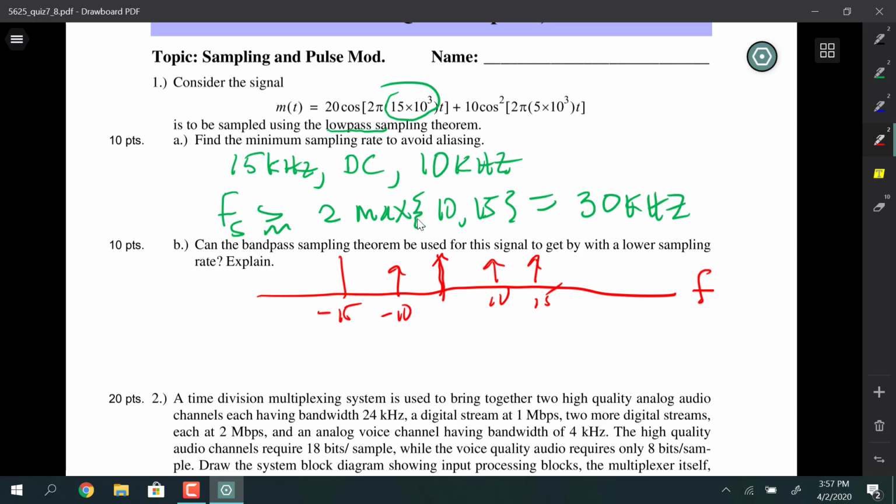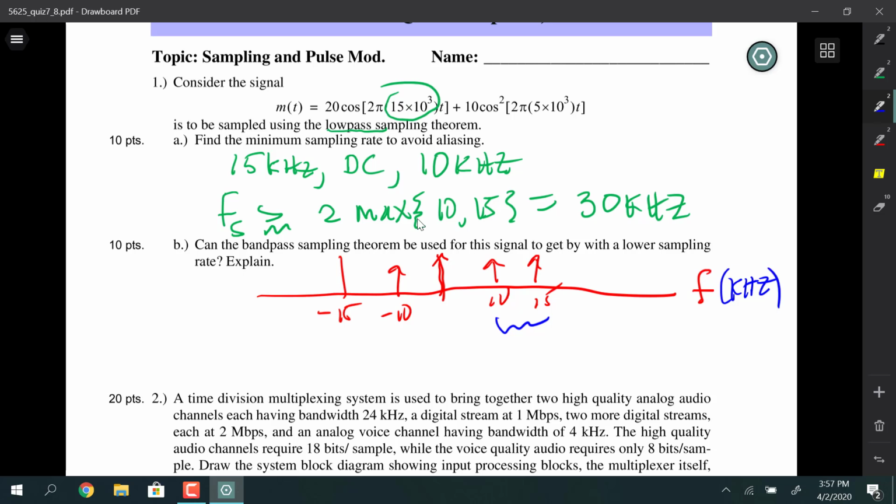So I look at that and I say, if I didn't have the DC component, I might be able to think about that being a bandpass spectrum composed of 2 sinusoids, one at the lower edge of 10 and the other at the upper edge of 15. But that's not the question. The question is for the entire signal.